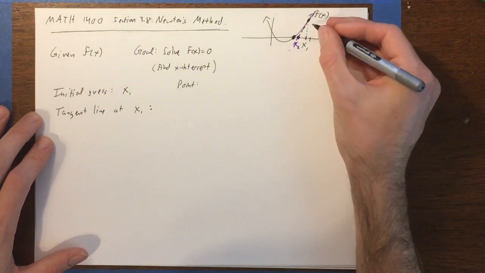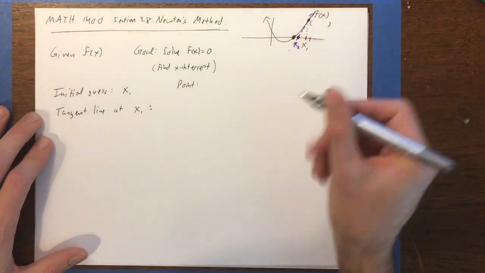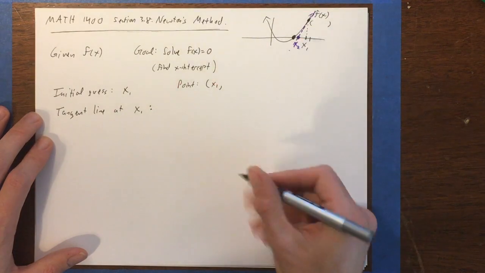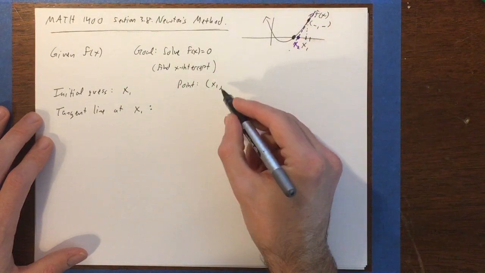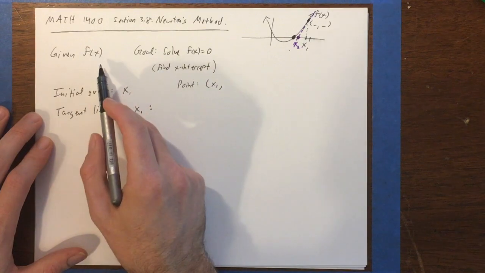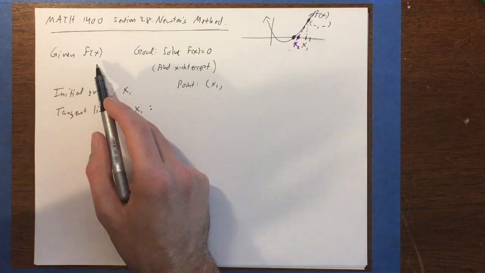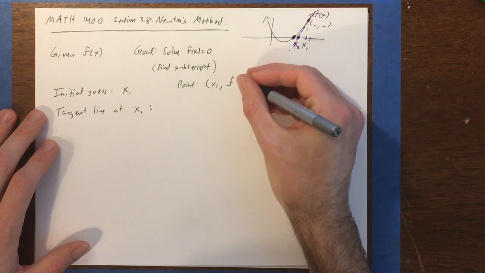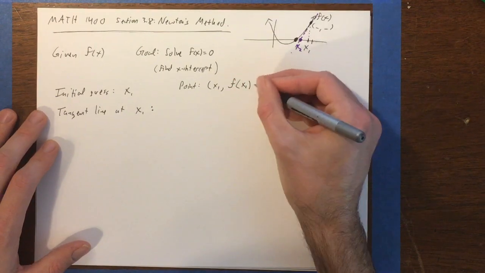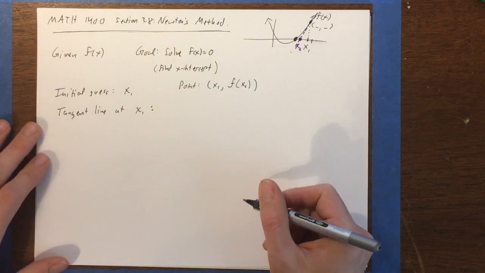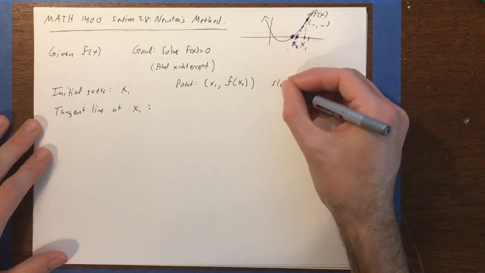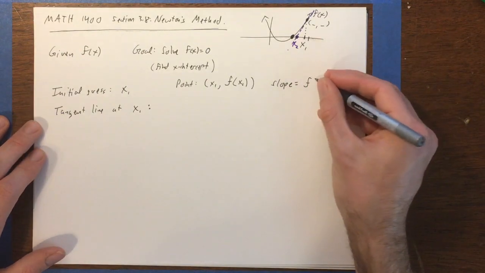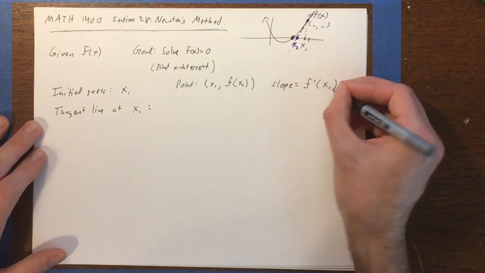The point on the graph right here, where we're going to make the tangent line, has x-coordinate x1, and its y-coordinate is given by the function value, the output of the function, because this is the graph of f of x. So to get the y-coordinate, I'll just stick x1 into my function. Then the slope of that tangent line is, of course, the derivative of that function, f prime, evaluated at x1.